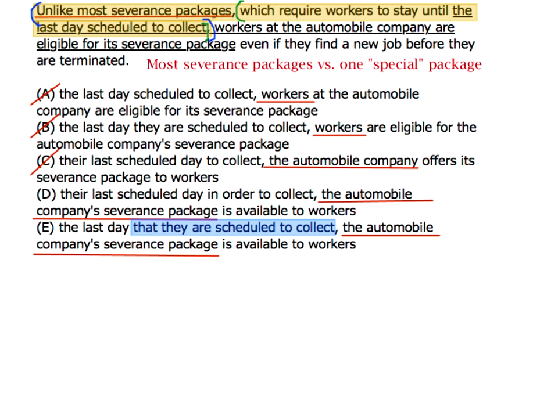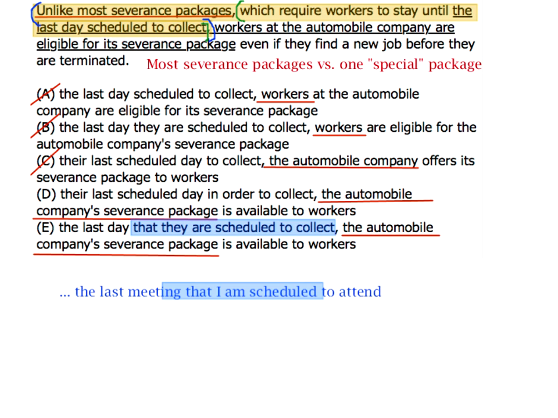Let's say that I gave you a sentence like this: the last person, or the last meeting that I am scheduled to attend. Notice how this kind of modifier works. I have no idea what the terminology here is, so if you're looking for terminology, I can't help you there. But notice how this works.